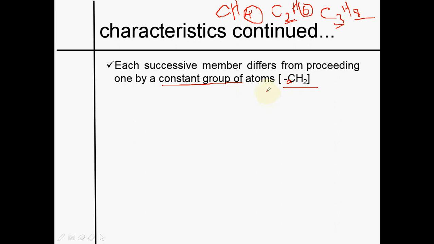The other characteristic you have to keep in mind is that all of them have the same general formula.